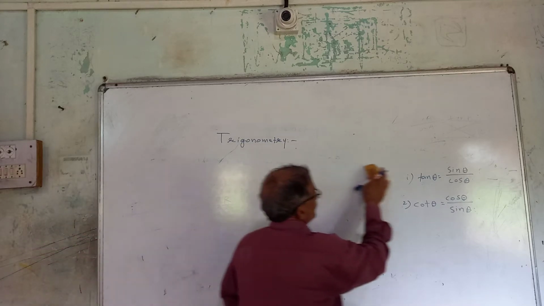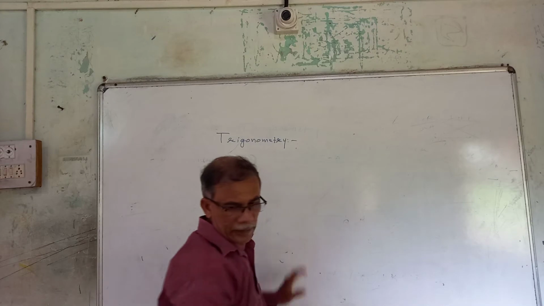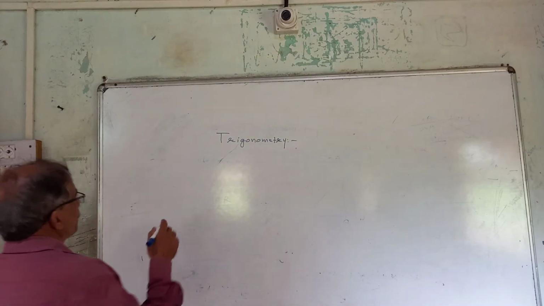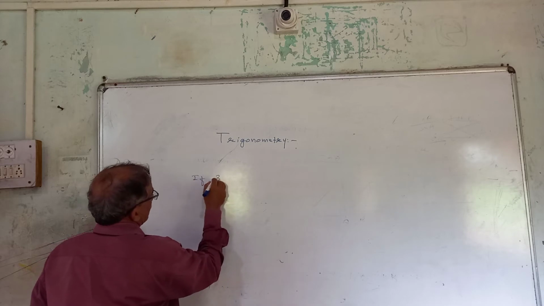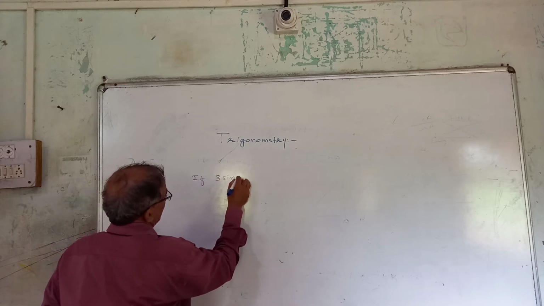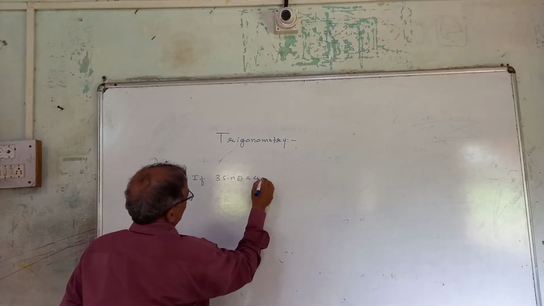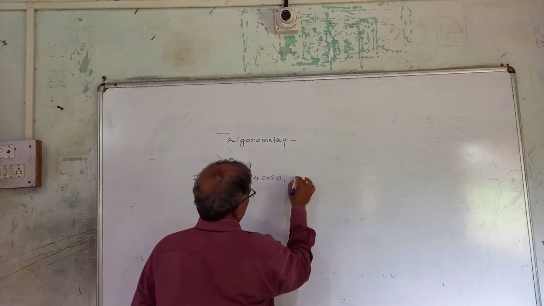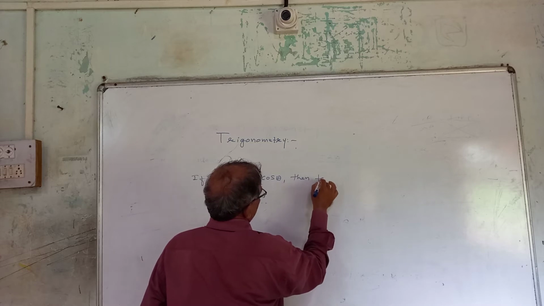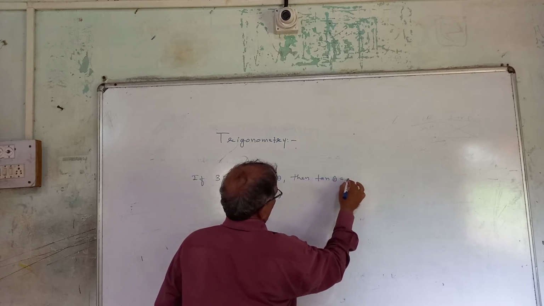Listen here. Suppose if 3 sin theta is equal to 4 cos theta, then tan theta is equal to dash.